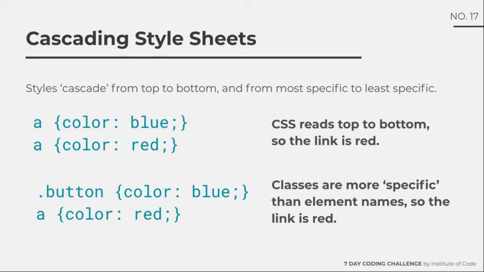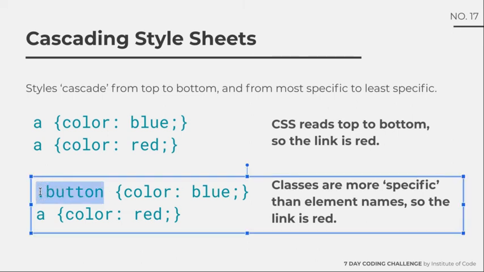Now, if we actually want it to override, that's where we start to get more specific and use classes. So if you have an element selector and a class selector both being applied, it's the class selector that will take precedence. So classes are more specific than element names. So if you've got a conflicting style, in this case the color, it will base it off which one is using a class.